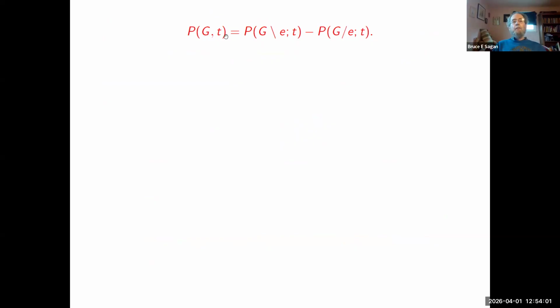So this is homogeneous of degree n. What about this one? Still homogeneous of degree n, right? Deleting an edge does not change the number of vertices. What about this one, though? Homogeneous of degree n minus 1. There is no non-trivial relationship between homogeneous of degree n and homogeneous of degree n minus 1.